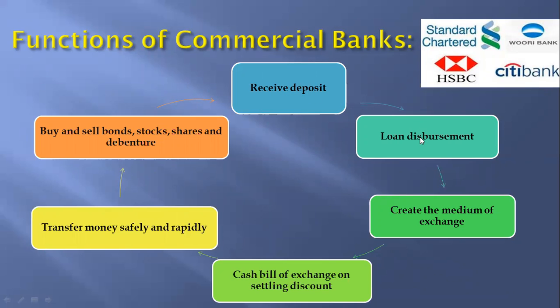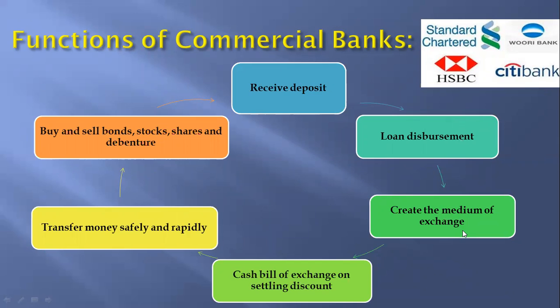Now go to the second one. The second activity of the commercial bank is loan disbursement. Keeping a fixed part of the money collected from the people, it gives the rest of the money to businessmen and industrialists as loans. Third comes, it creates the medium of exchange.